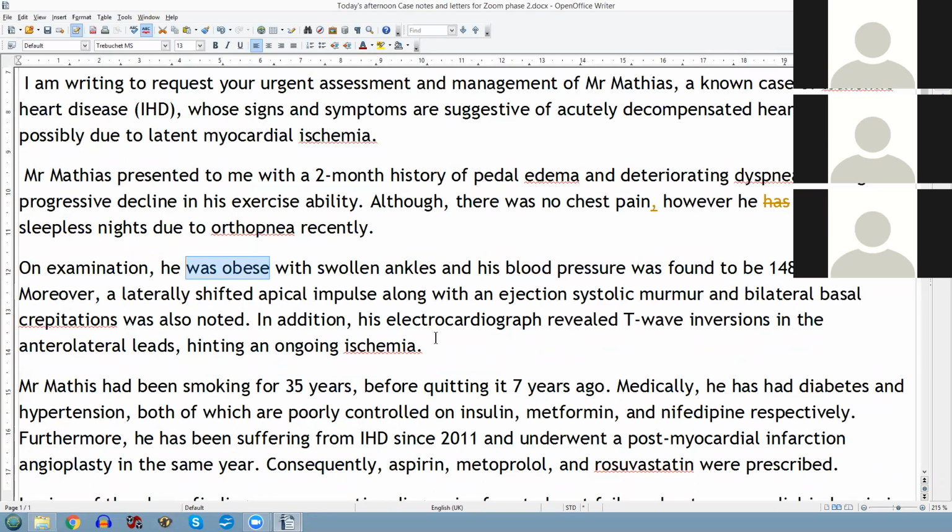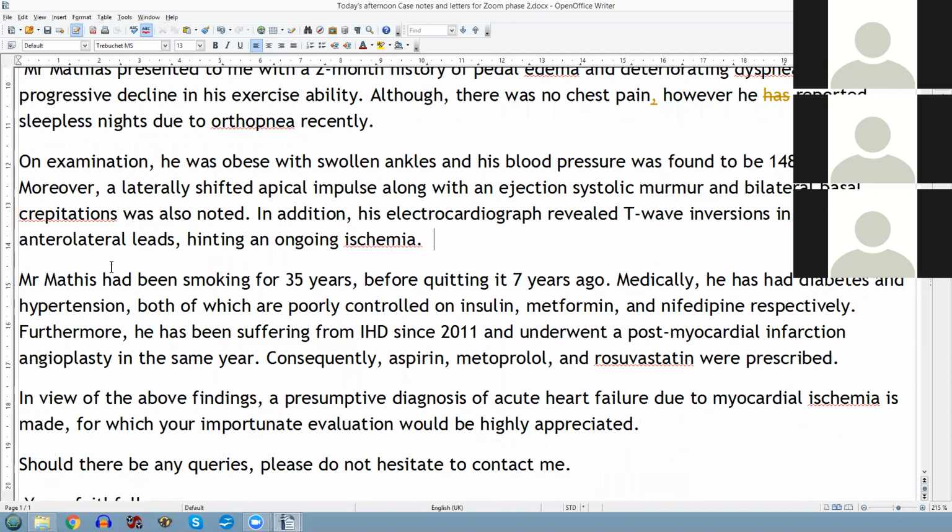Yeah, so he was obese implies he was obese at that time, and maybe he's not obese now. But I think he's still a bit of a fatty. So I don't know if we would use the past there. Was obese, which one ankles, blood pressure was found to be. In addition, okay. Had been smoking before quitting 7 years ago.